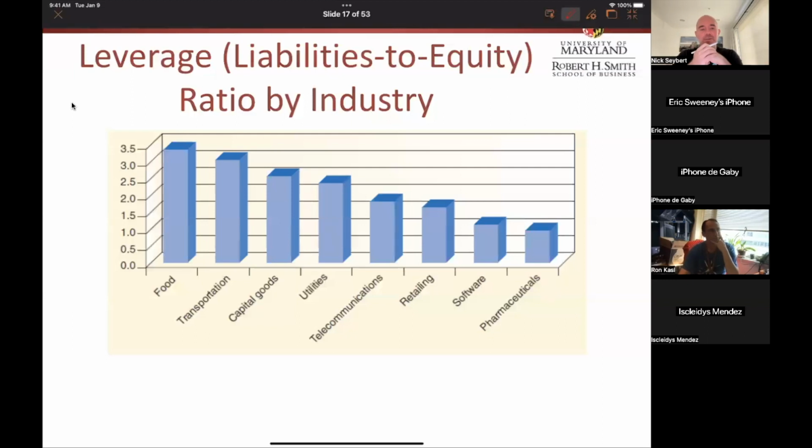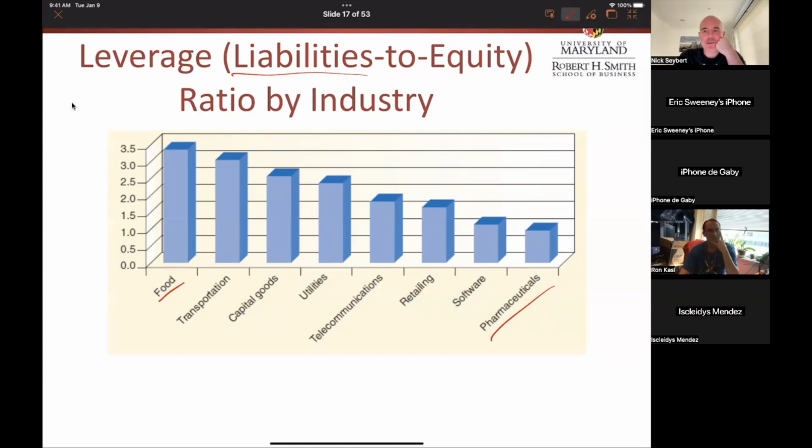So we see the leverage ratio, and this is actually liabilities to equity, but again, very similar to assets over equity. And you can see that varies strongly by industry, right? So food, a lot of grocery stores and food manufacturers, they have very high leverage. Pharmaceuticals have very low leverage, right?